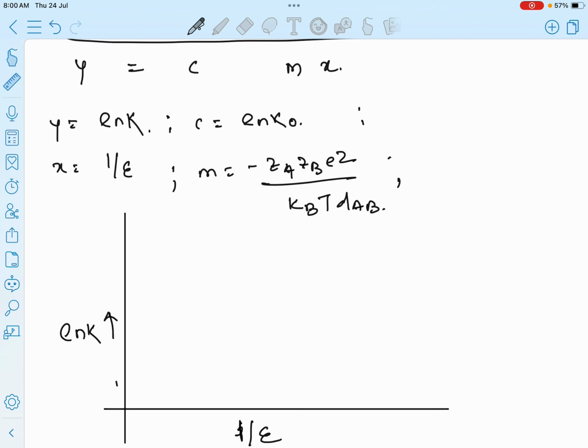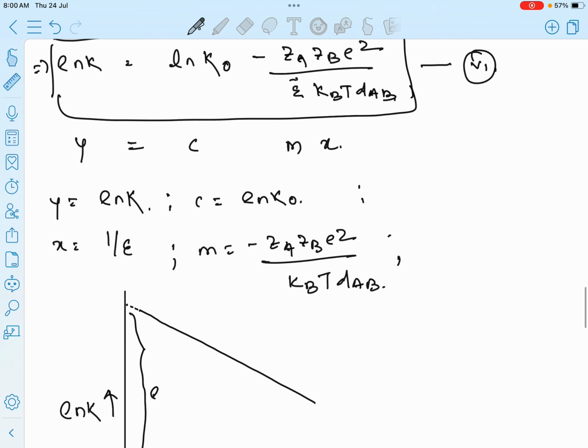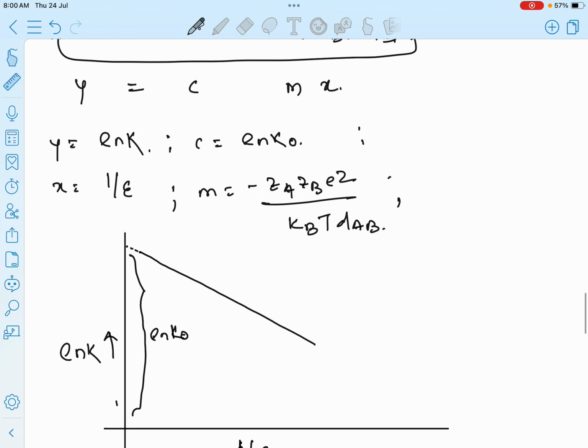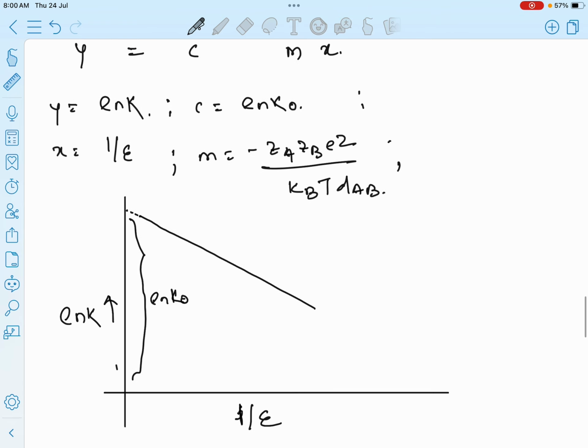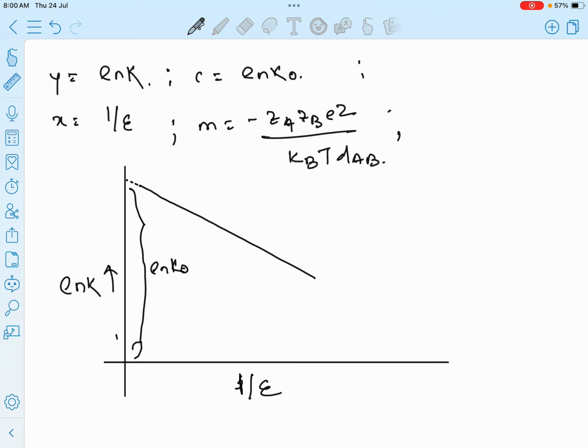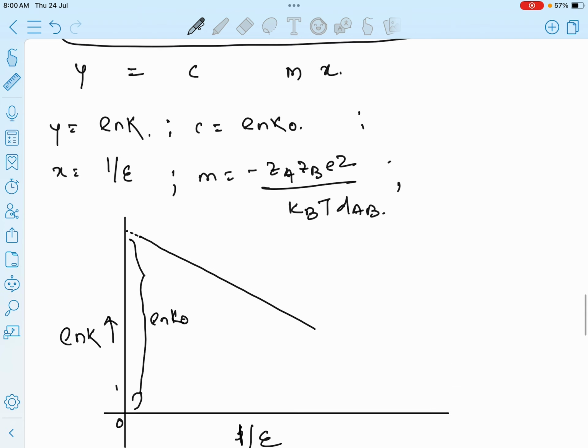I will get a straight line, and this y-intercept is nothing but ln k naught. Y-intercept is the distance on the y-axis, and this is positive. This means it will cut on the positive y-axis, and this straight line will have a slope equal to minus ZA into ZB e square divided by kBT dAB.